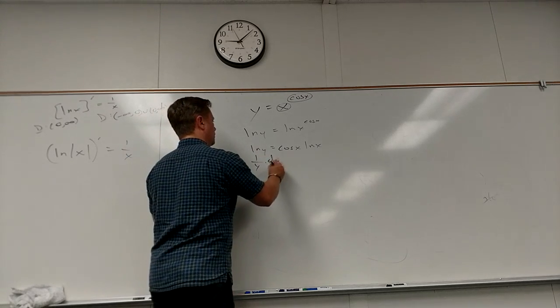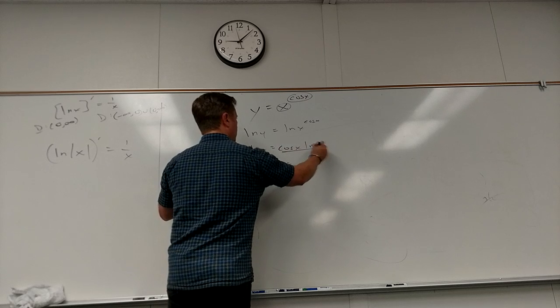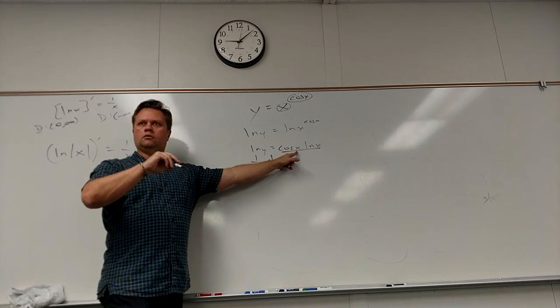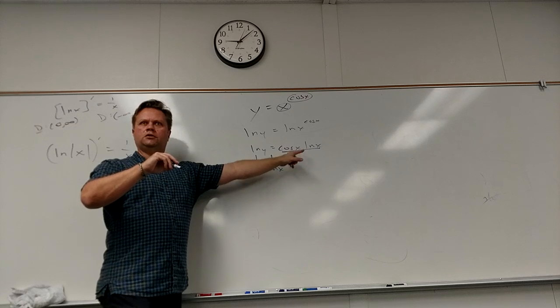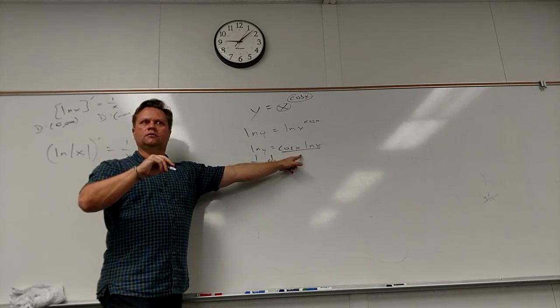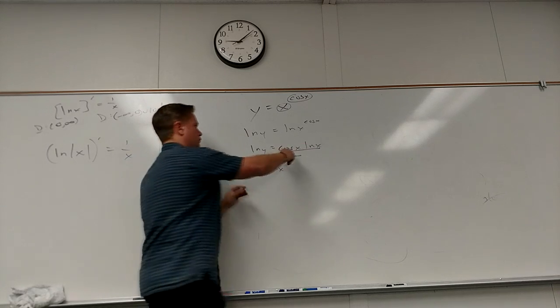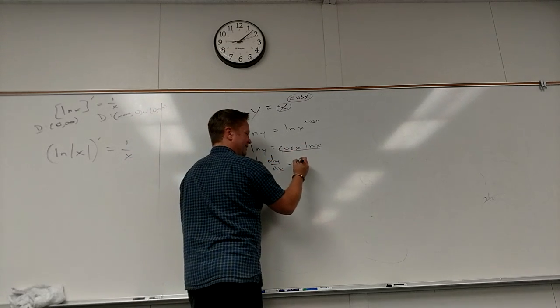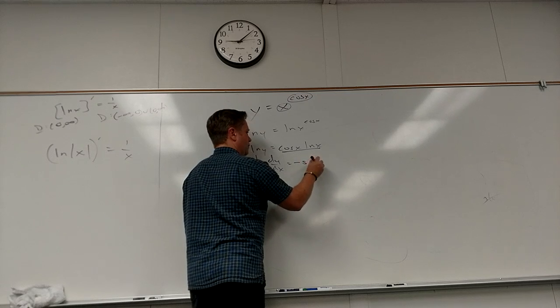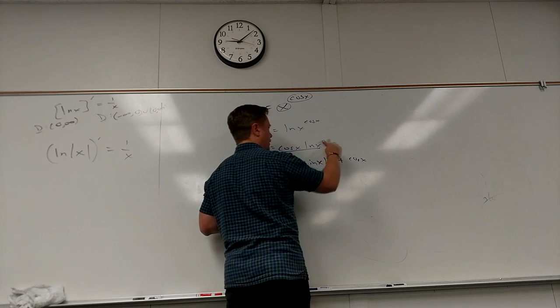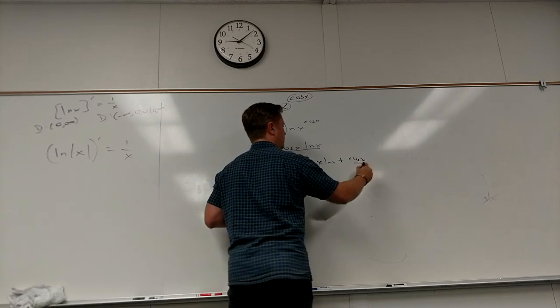I like it. On this side I have a who to what rule? Product rule. So the derivative of cosine is negative sine, plus the derivative of natural log is 1 over x.